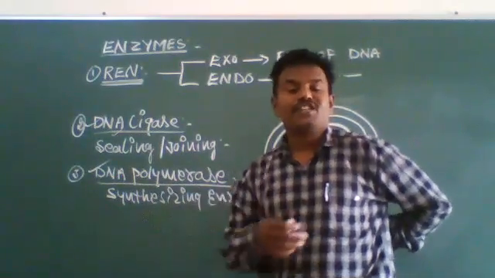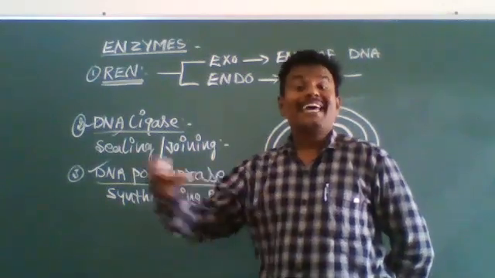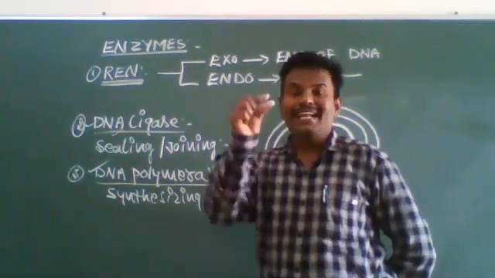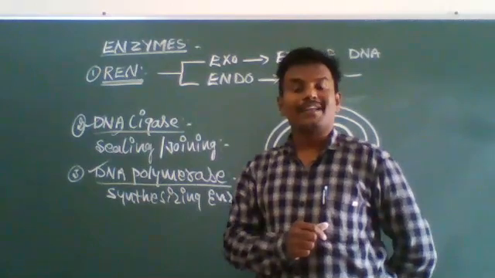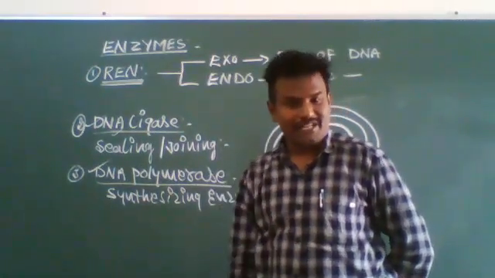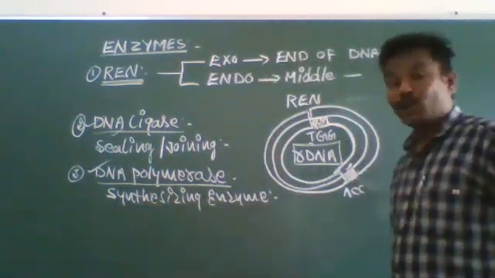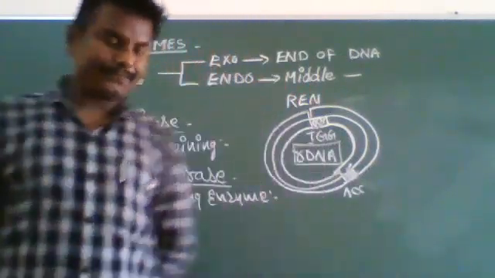Therefore, multiple copies of the desired DNA are formed. Those desired DNA contain antibiotic resistance, that means resistance against antibiotics. That is called DNA polymerase, which is why it is also called a synthesizing enzyme.